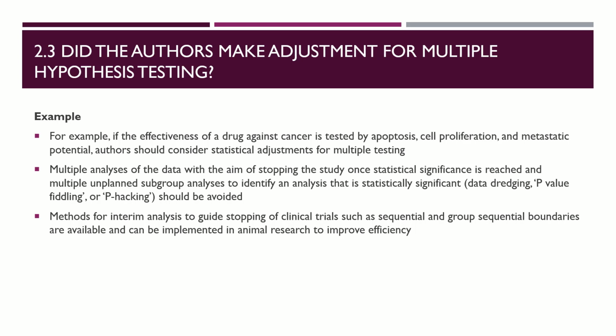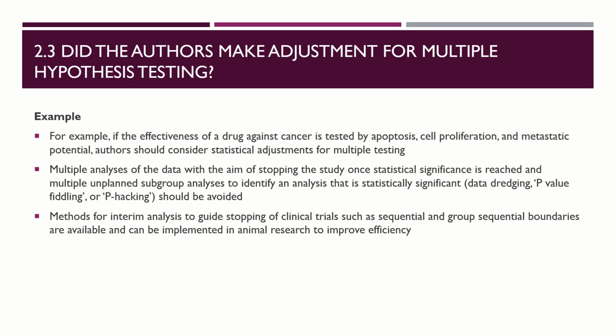Now, this is called data dredging or p-value fiddling or p-hacking, where authors say they kept recruiting subjects to the study until statistical significance is reached. So they just kept testing the data until statistical significance was reached. This should be avoided.